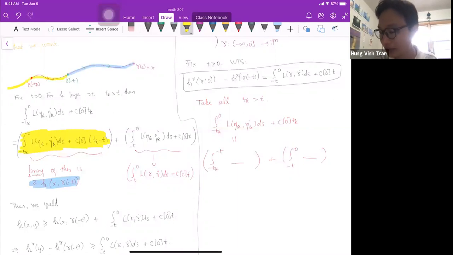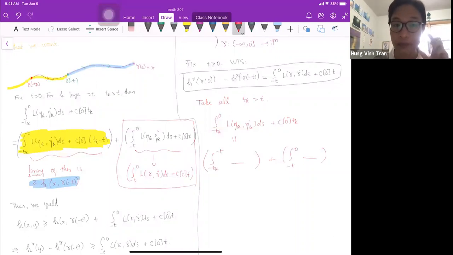The second term that I was keeping, I was claiming that I have this convergence: that the action functional of eta k in a fixed amount of time converges to the action functional of gamma, right? Of course you can question me right away, am I cheating?